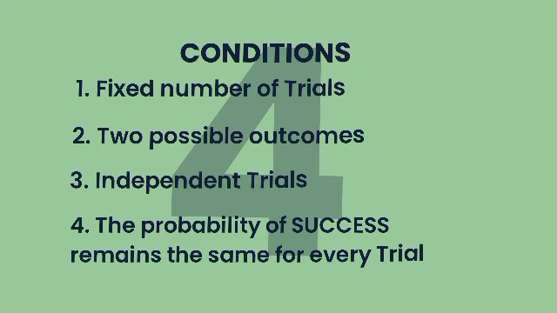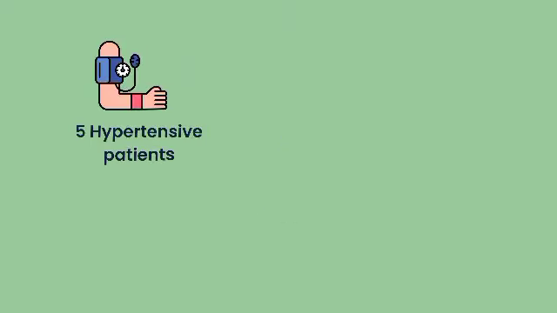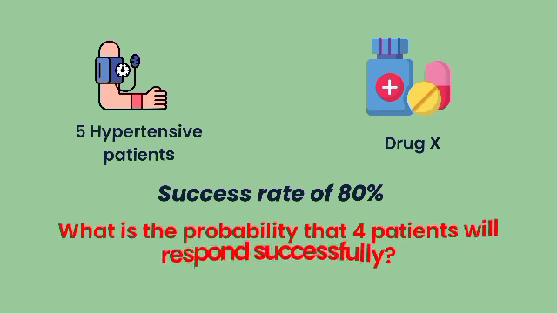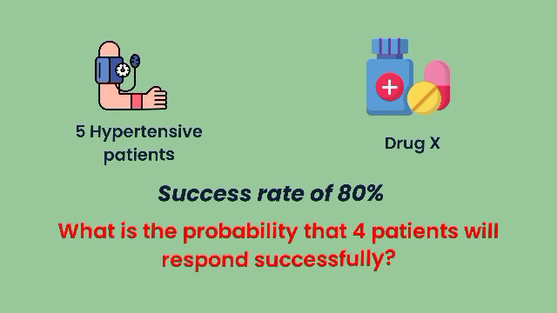So let's say we treat 5 hypertensive patients using a particular drug with a success rate of 80%. So, what is the probability that 4 patients will respond successfully?